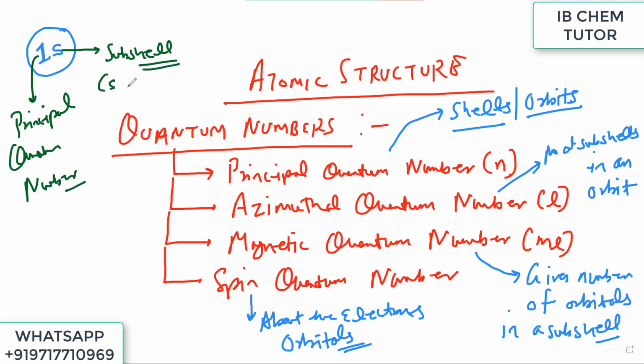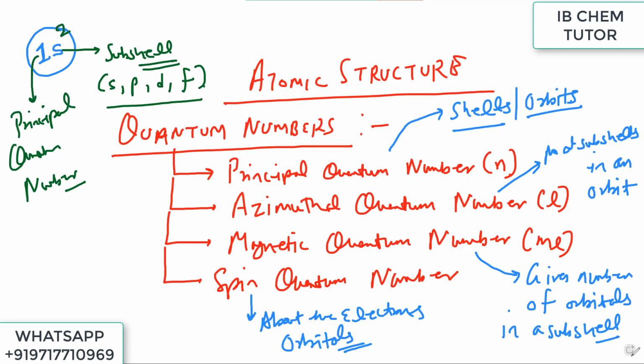So a subshell can be s subshell, p subshell, d subshell, and f subshell. Okay. So now if I write here 1s2, it means the electron is being filled in the s subshell orbital. This I will also tell you when we go further, that how many orbitals can be there in a particular subshell. Okay. So we will go step by step.